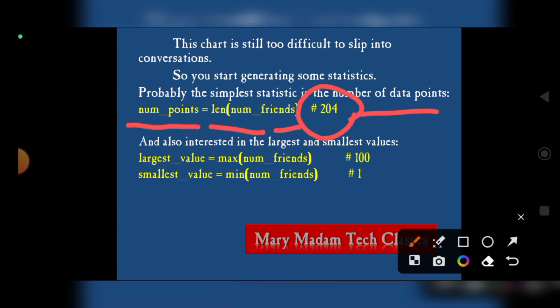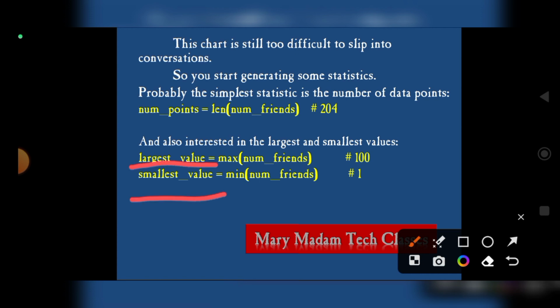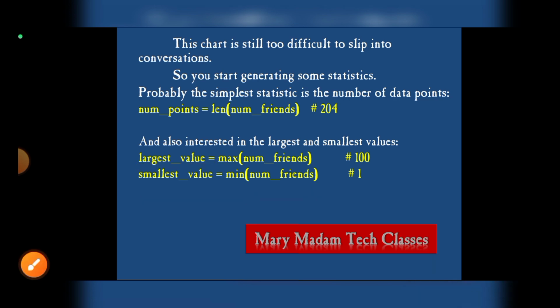That count is 204. Also, with the data set, we have to know the largest value and the smallest value. The largest value is calculated with max of num_friends, and the smallest value with min of num_friends.